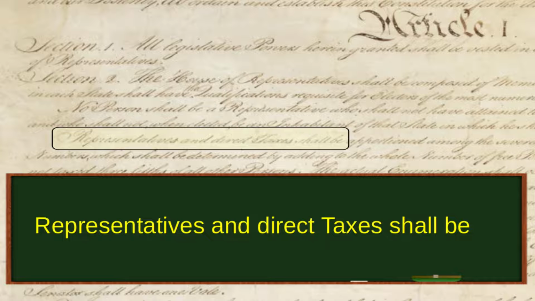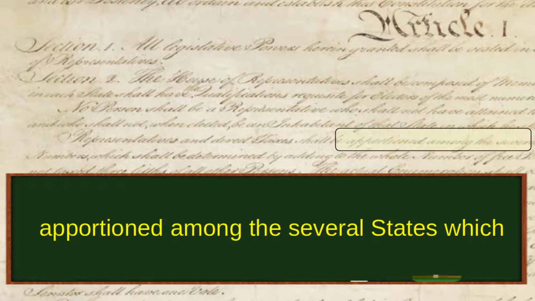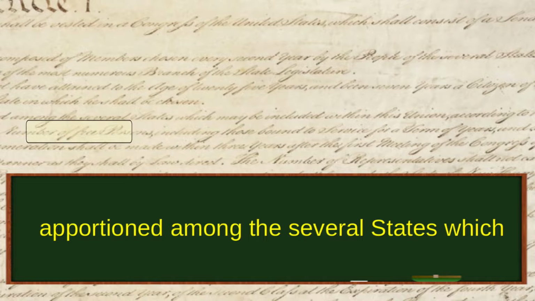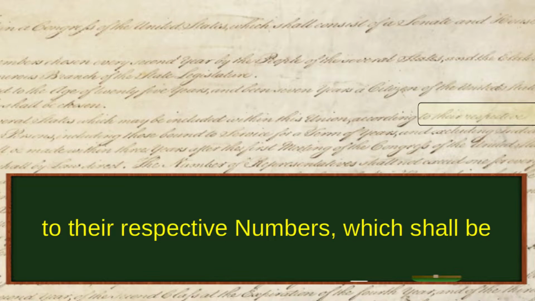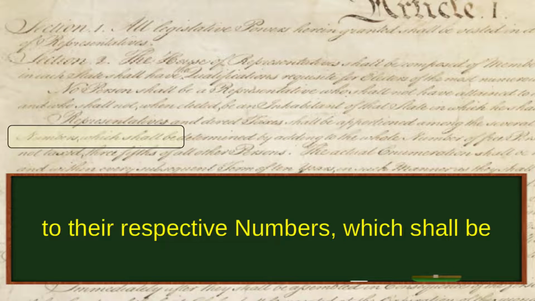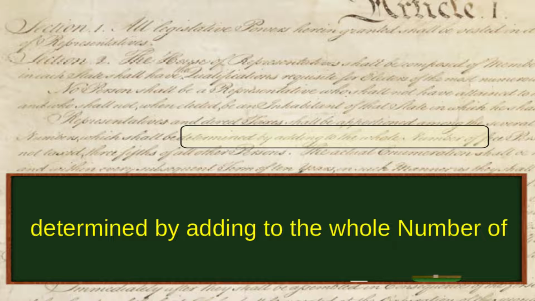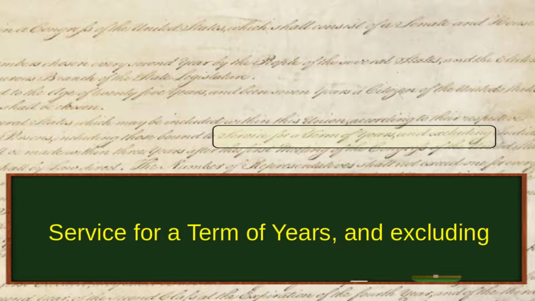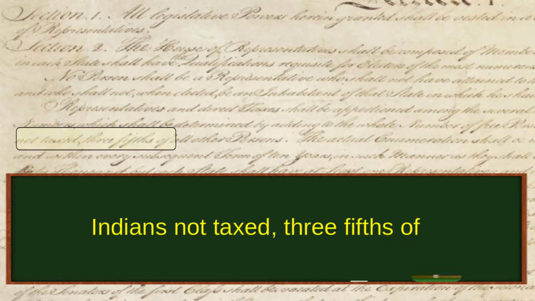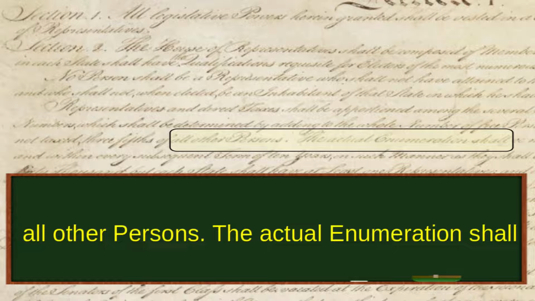Representatives and direct taxes shall be apportioned among the several states which may be included within this union, according to their respective numbers, which shall be determined by adding to the whole number of free persons, including those bound to service for a term of years, and excluding Indians not taxed, 3/5 of all other persons.